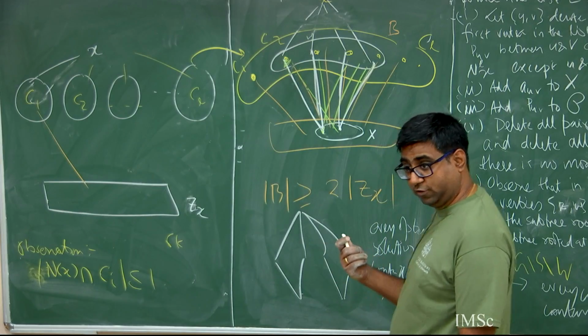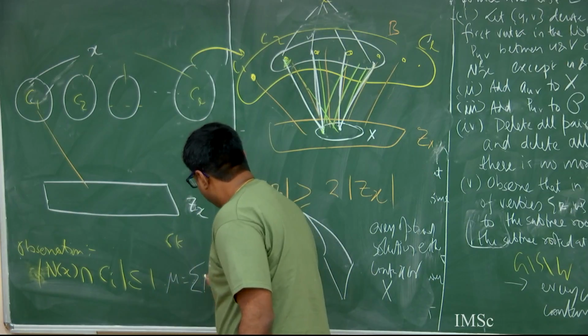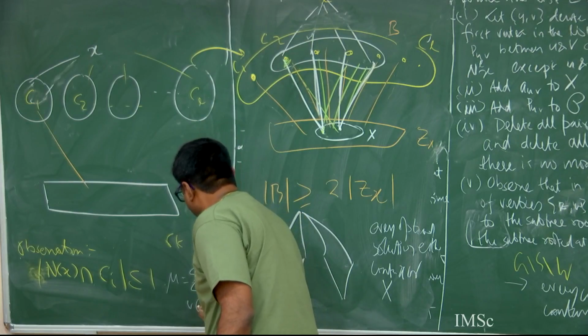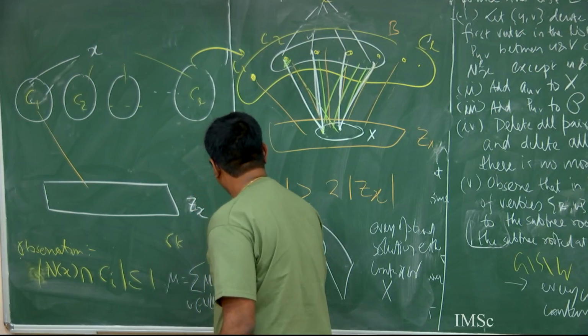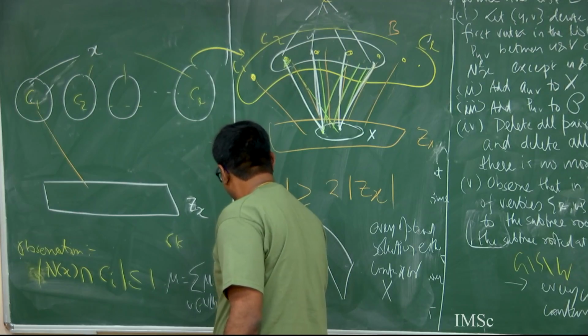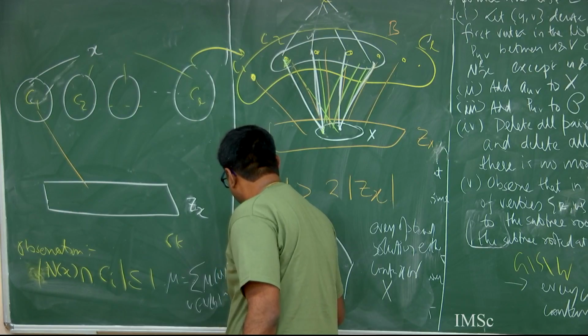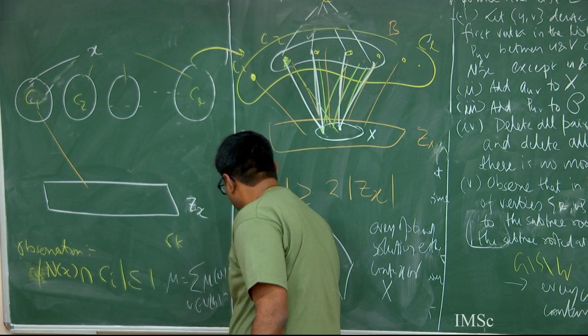So mu, which we will associate, is the summation of mu of v over v in V(G). And what is mu of v? The number of vertices with exactly one edge.